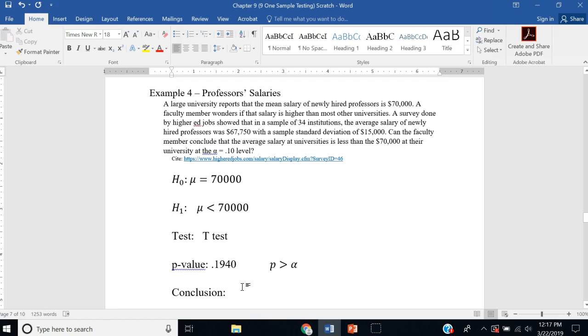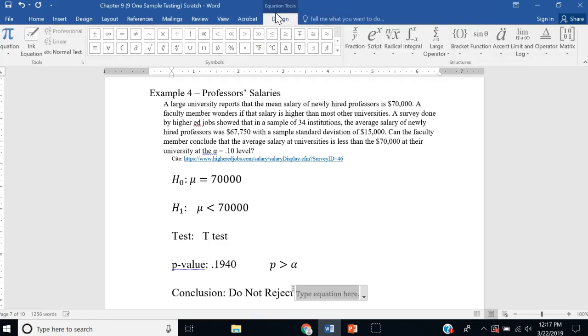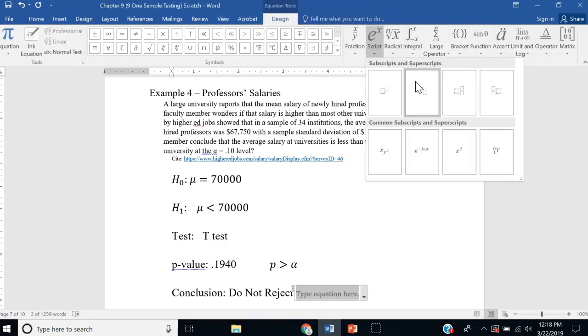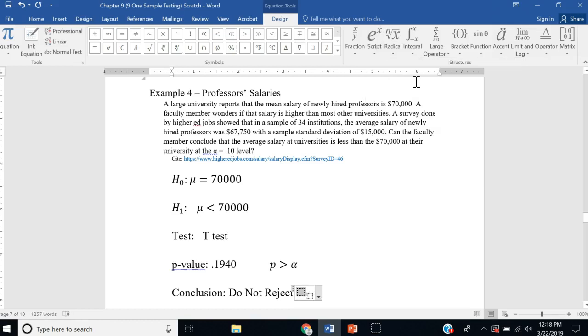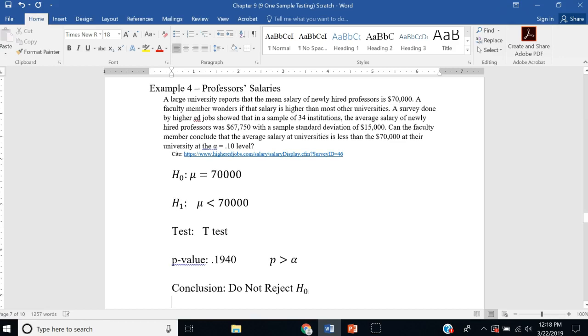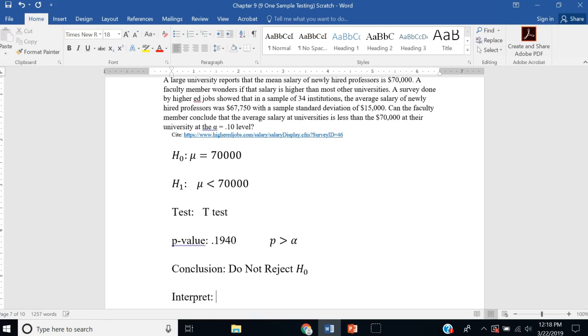You don't have to do that on the test, but p-value is bigger than alpha. So this is, again, a do not reject the null hypothesis. If you want to write the words the null hypothesis, that's fine. Most of the time I just write H0 to mean null hypothesis. So do not reject the null hypothesis.